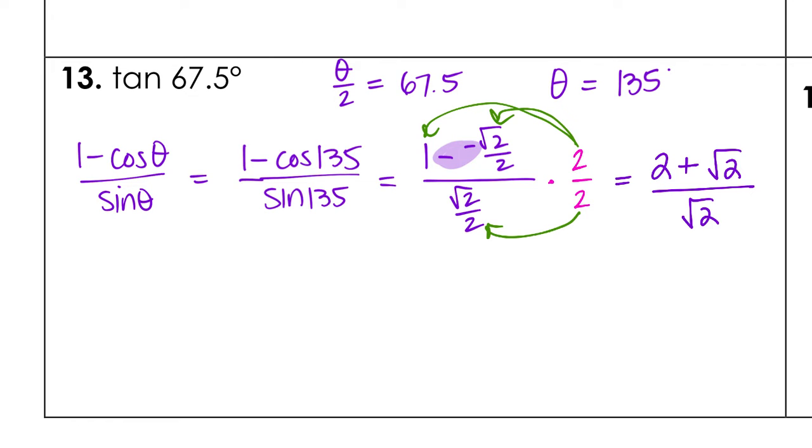But this brings us to a new problem. We're not allowed to have that square root at the bottom, remember? So we are going to rationalize this by multiplying by square root of 2 over square root of 2. So same thing. That needs to get distributed to both things in the numerator. So that would give us 2 square root 2 plus 2.